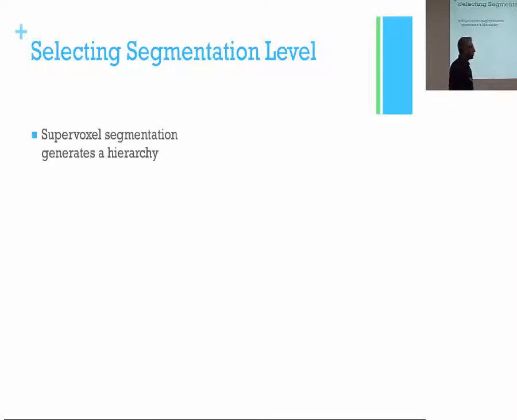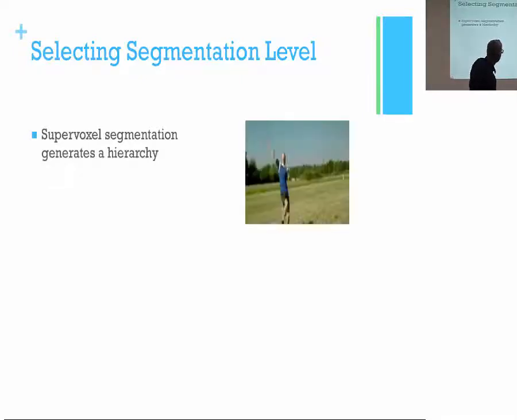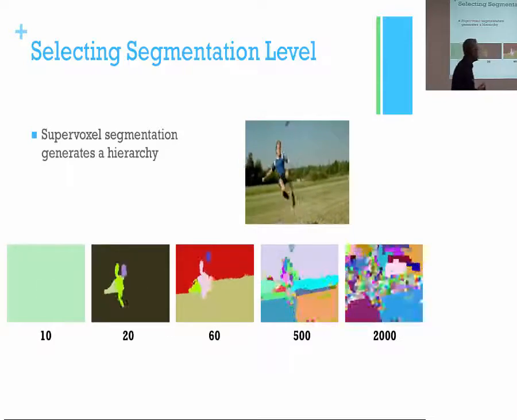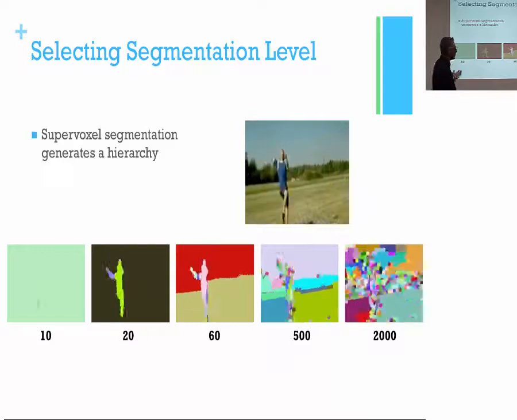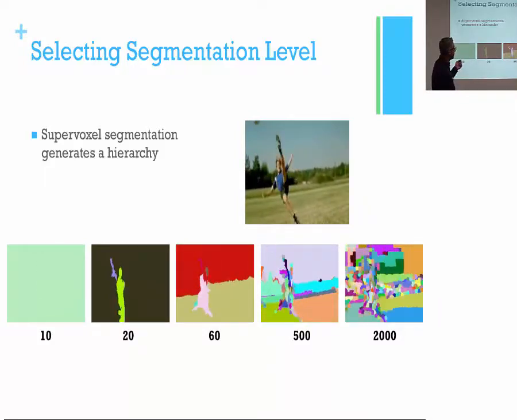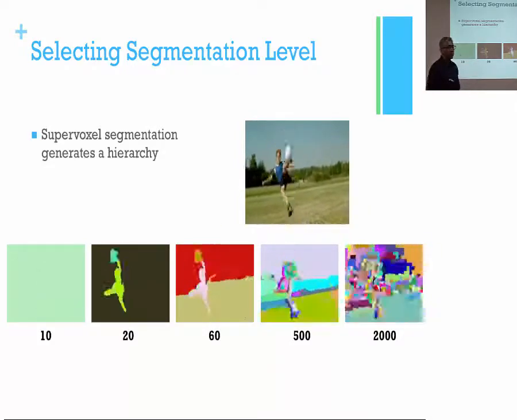All right. Now, when we use supervoxels, as we all know, supervoxels give us a hierarchy, multiple levels of segmentation. And it is really important to select the right levels of segmentation. For example, in the video shown over here, if you select a different level from our hierarchy, each number tells us how many voxels are present in that particular video.